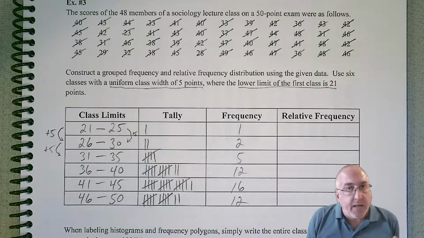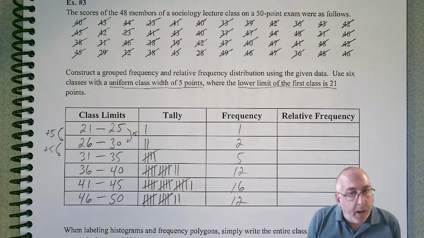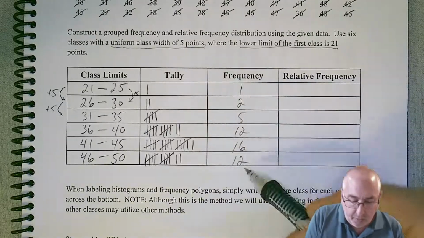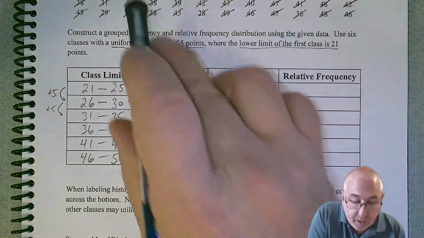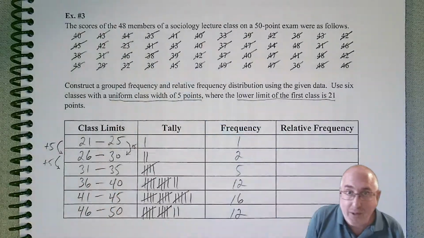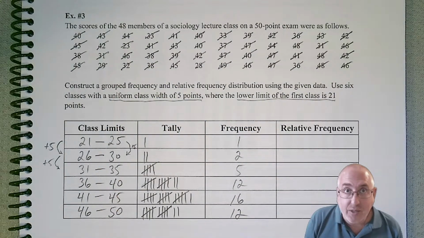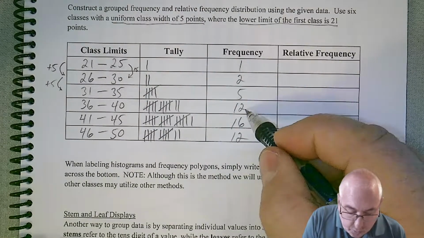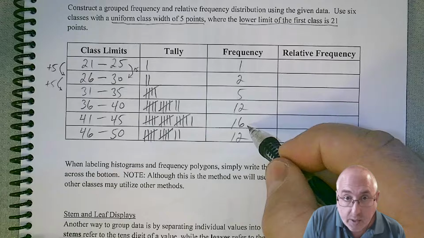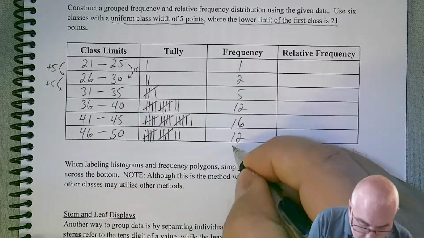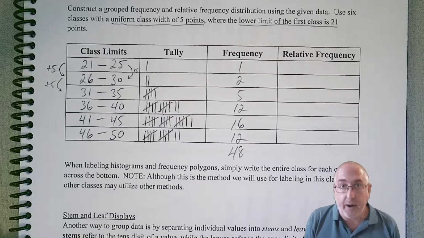Chances are I might have made a mistake, but let's see if we got at least the total of all the frequencies correct, because we know there should be 48 members. So there should be 48 values in this entire table. Let's just count them up. 12 and 12 is 24, 24 and 16 is 40, 40 and 8 is 48. So we are good there.